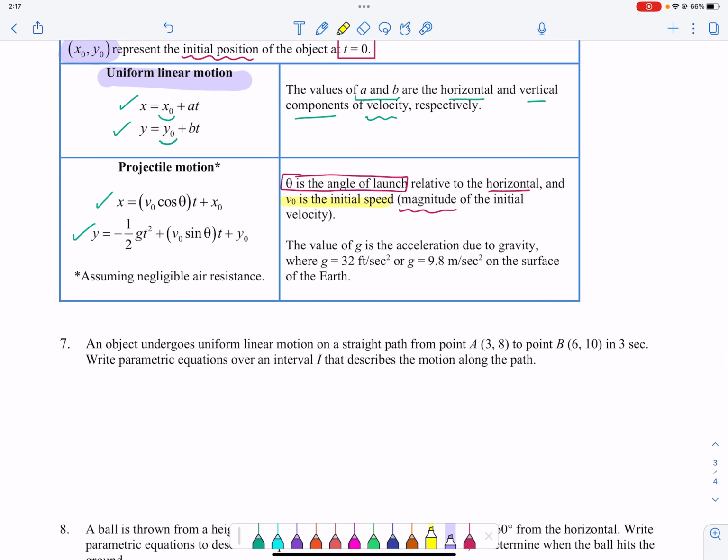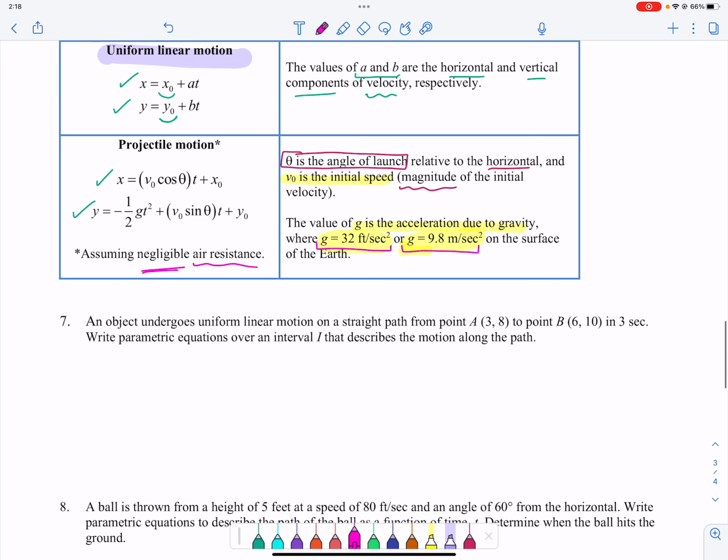Now keep in mind g is the acceleration due to gravity, and we will be using 32 feet per second squared or 9.8 meters per second squared, depending on your units. And that's on the surface of the Earth. Keep in mind we're going to neglect air resistance.